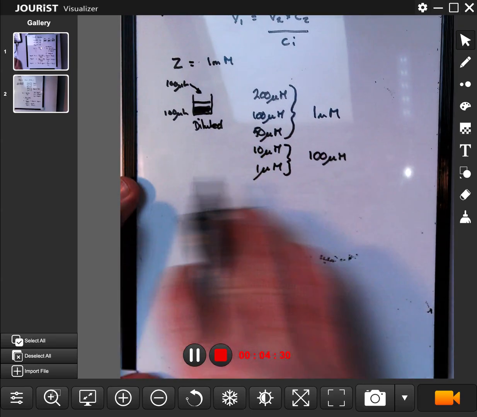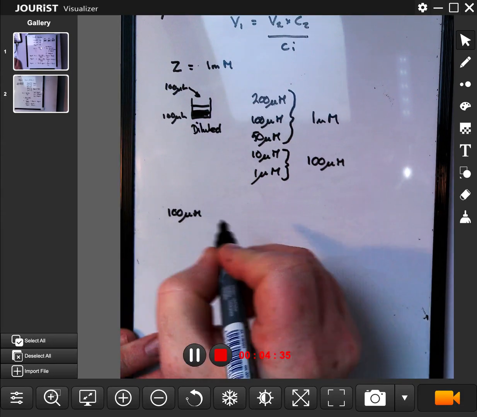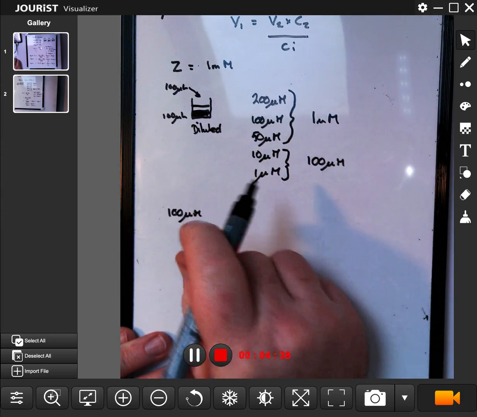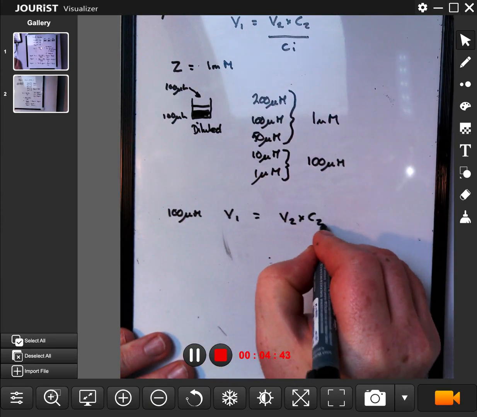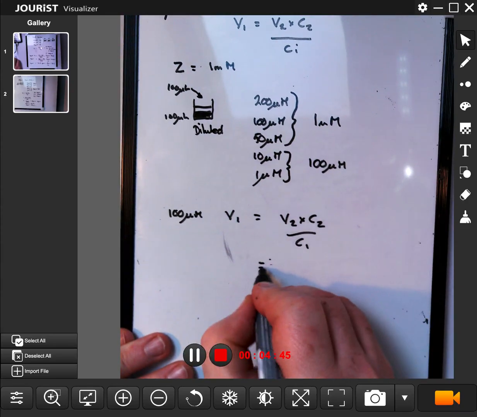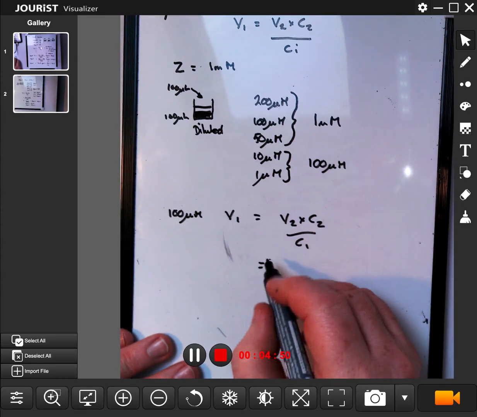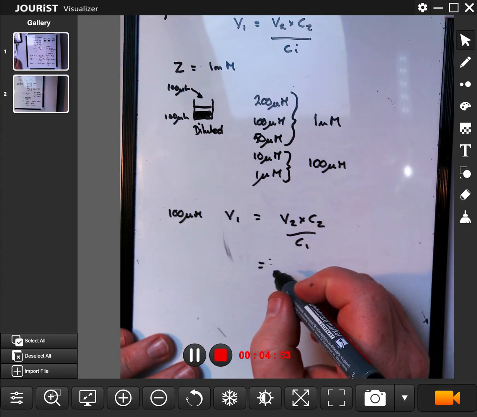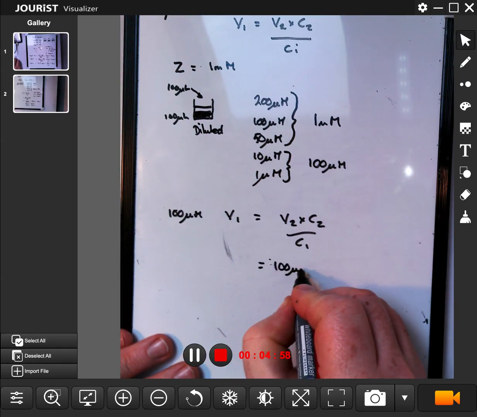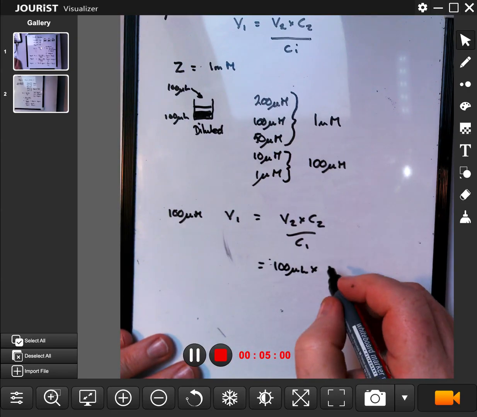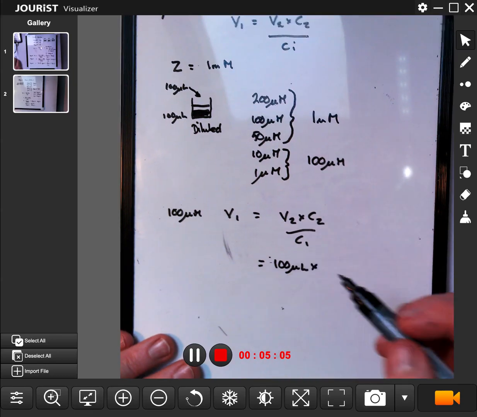Okay, let's do the next one now. That's going to be at 100 micromoles. So again, it's the same equation: V1 equals V2 times C2 over C1. Let's just start banging these numbers in. The volume of our desired solution is going to be 100, and C2, which is the concentration of our desired solution, is 100.